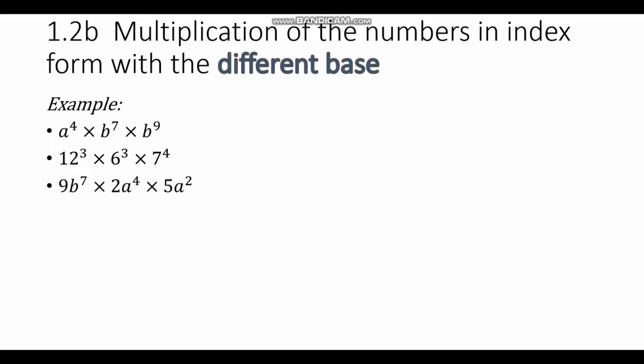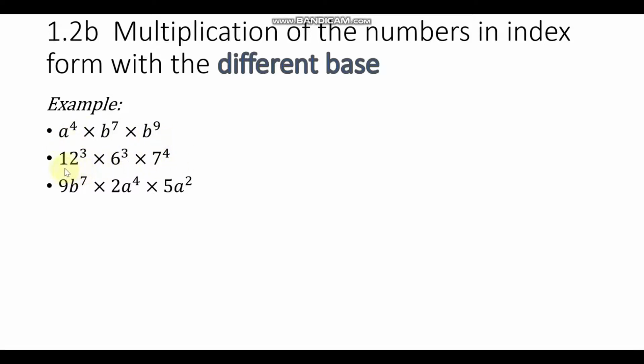Next, I will explain the multiplication of numbers in index form with different bases. I will show you some examples to help you understand better. For the first example, we have a to the power of 4 times b to the power of 7 times b to the power of 9. So here we have two different bases, which are a and b.